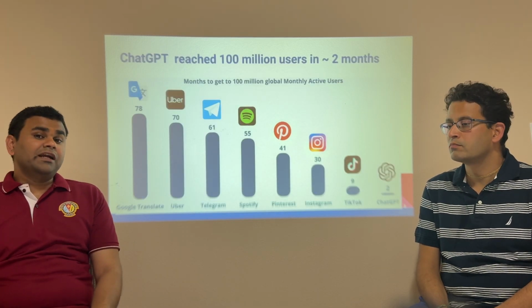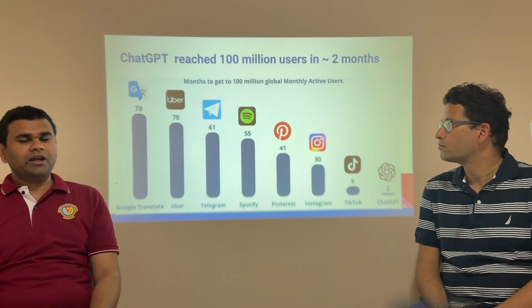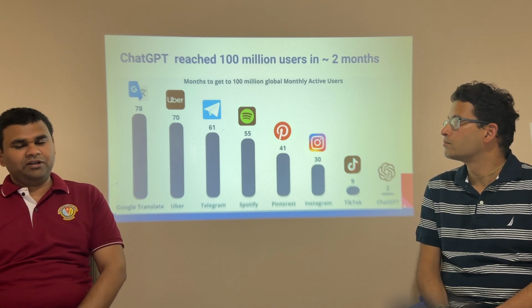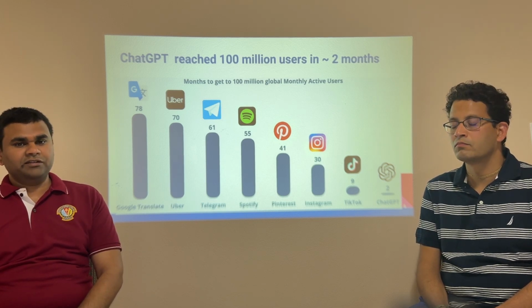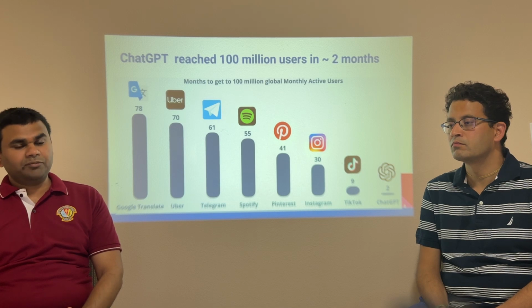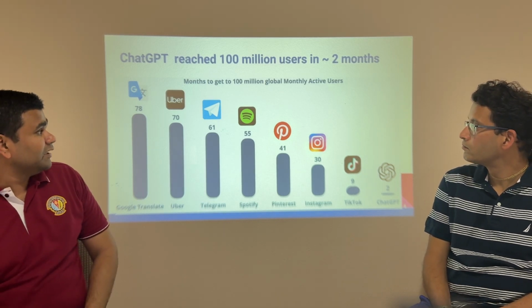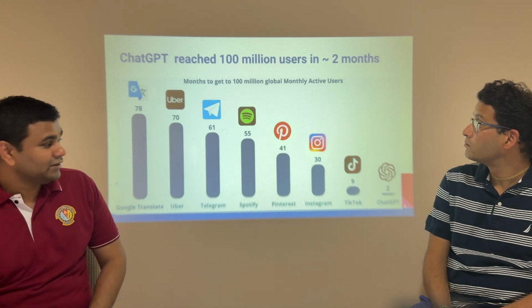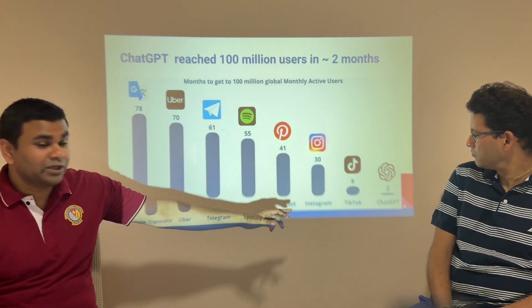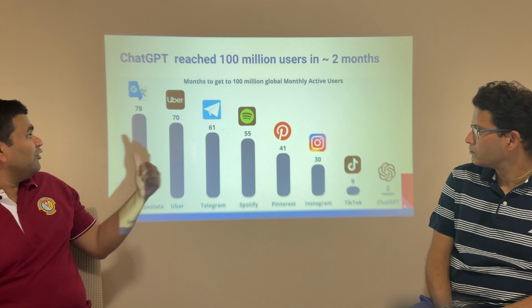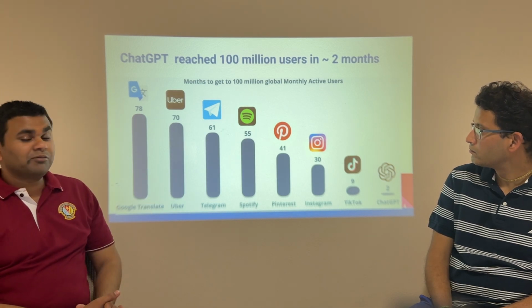But what really triggered all this? If we look at some of the stats around different applications which have come from the tech space, you'll see that to hit 100 million active users, ChatGPT took only 2 months, whereas Google Translator took 78 months.